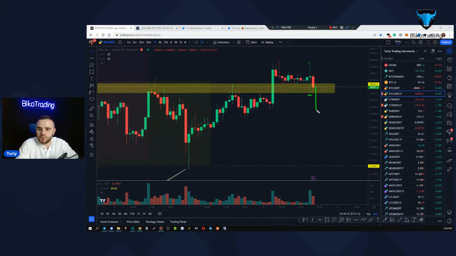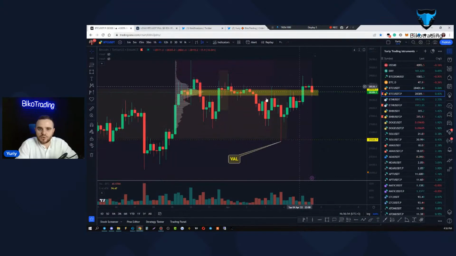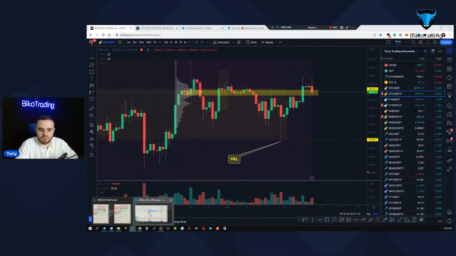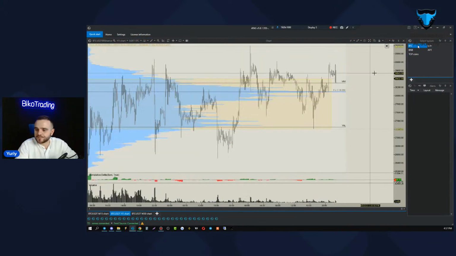Only if BTC closes at least a 1-hour candle below this pump will I start thinking about a short, because that would be a clear signal that this is a trap. Until it's closing, I would wait, because here there was no massive positive delta. If we check BTC, what about our delta?